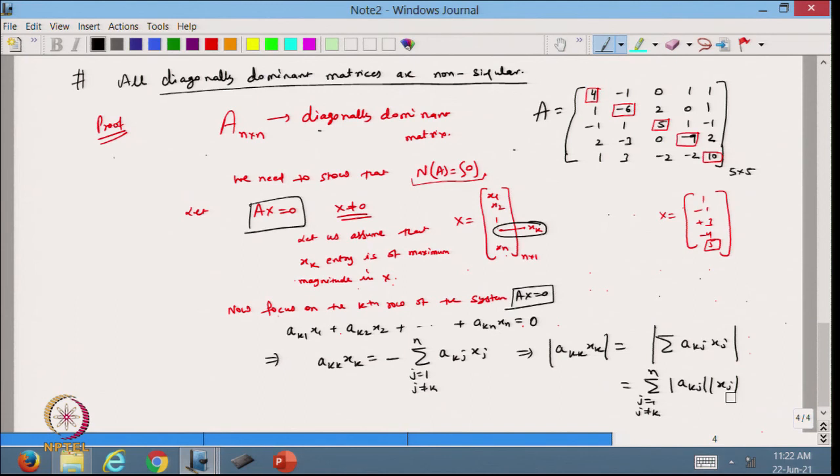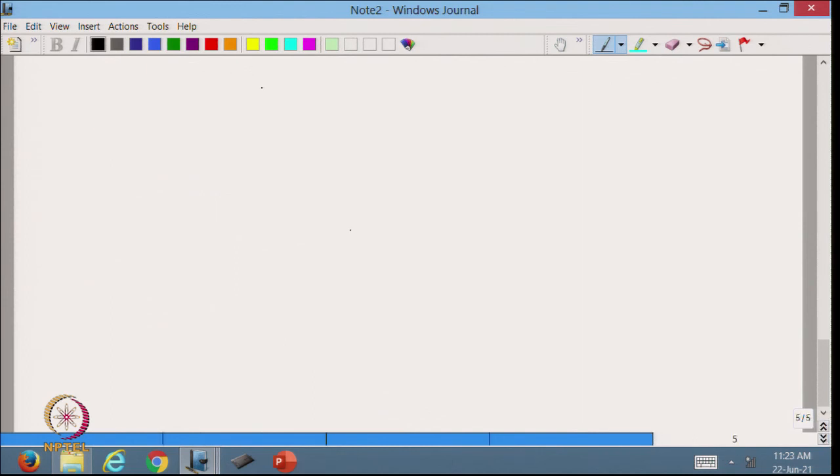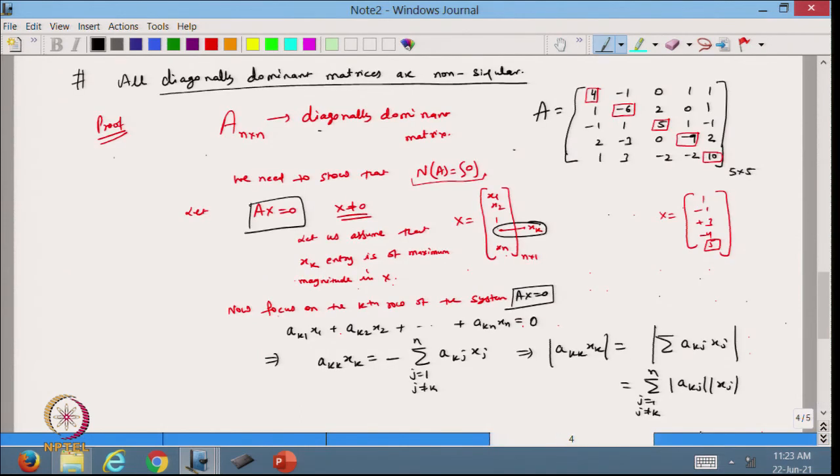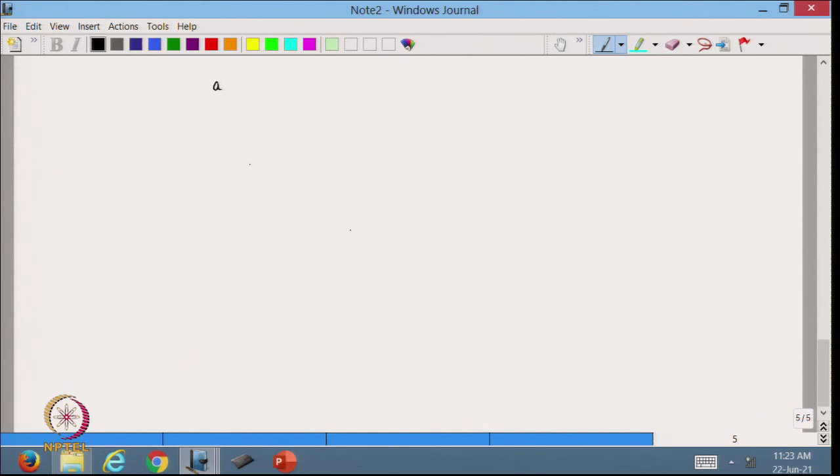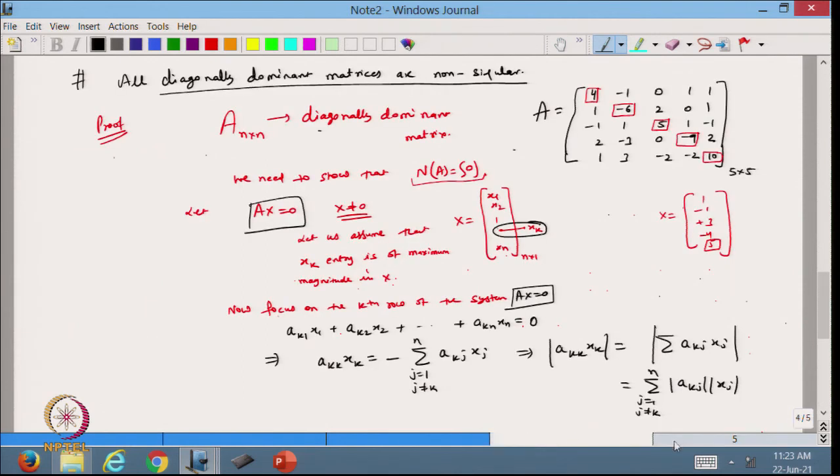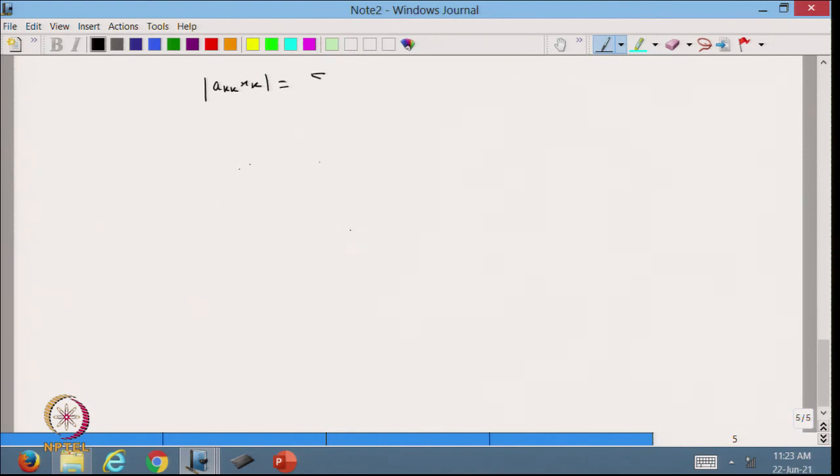Now, this is coming with all values. So from here I can write that |a_kk||x_k| is less than or equal to the summation of |a_kj||x_j|, where j is moving from 1 to n, j not equal to k.